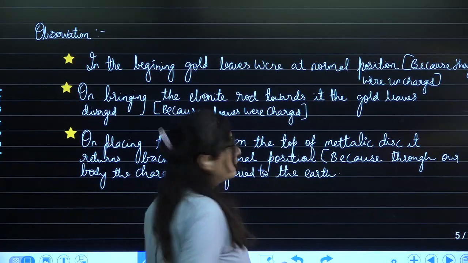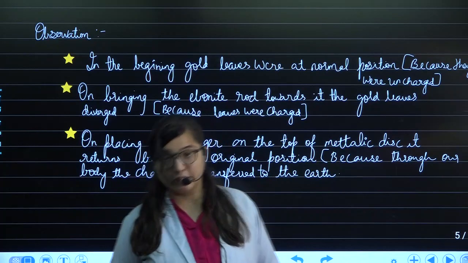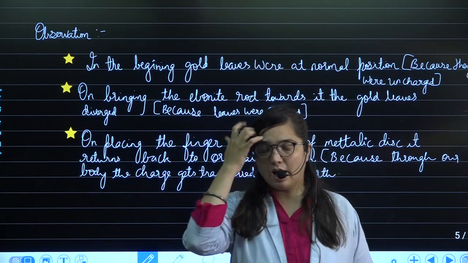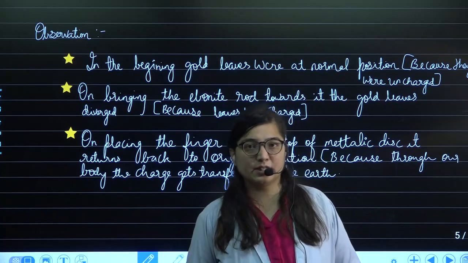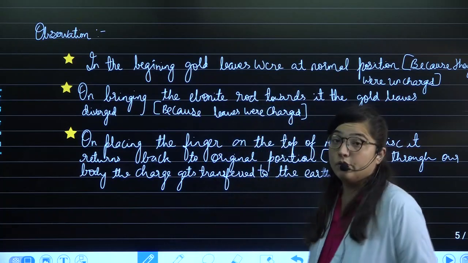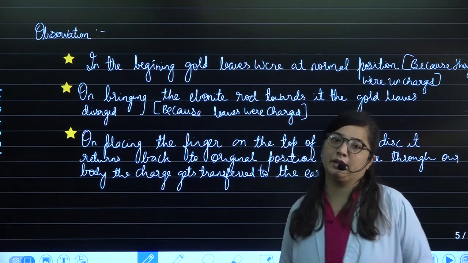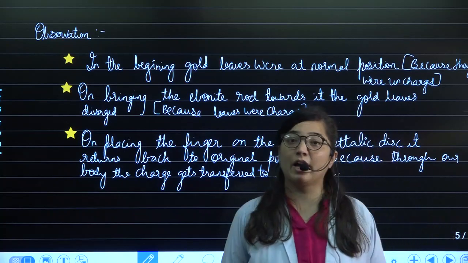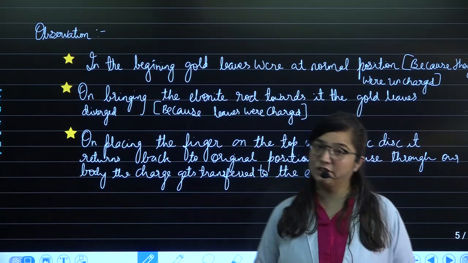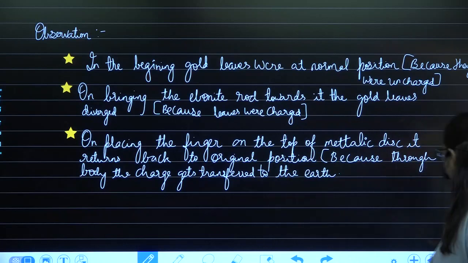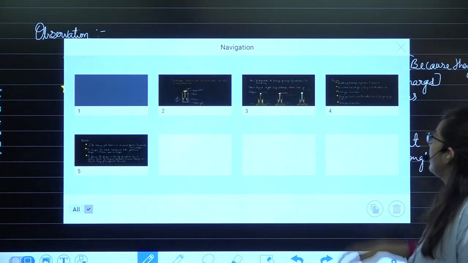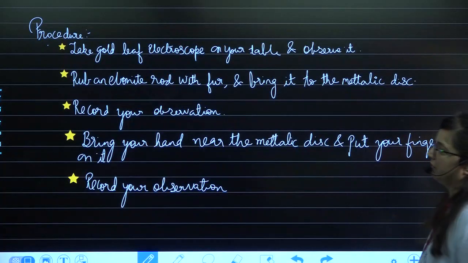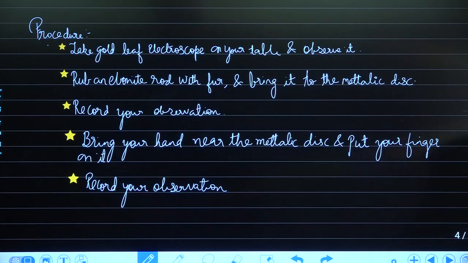So, this is about the complete observation. I hope you are clear with this content. Now, note down the theory part, that is the procedure and the observation which is left out for you. Be quick, there are few points only.